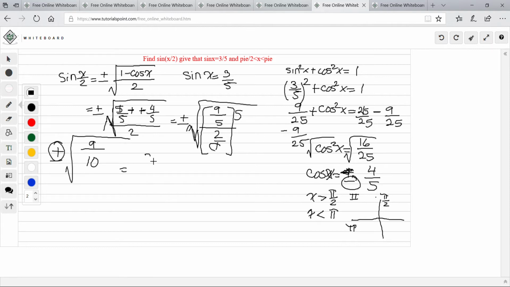It's 3. And then the square root of 10 is square root of 10. We can rationalize the denominator, so we'll multiply everything by square root of 10. So you're left with positive 3 times square root of 10 is 3 square root of 10. And then square root of 10 times square root of 10 is just 10. And that's your final answer.